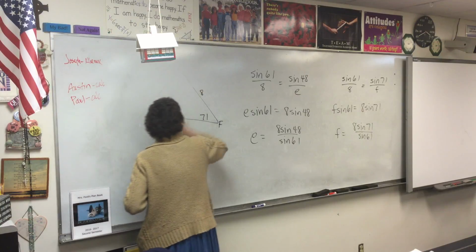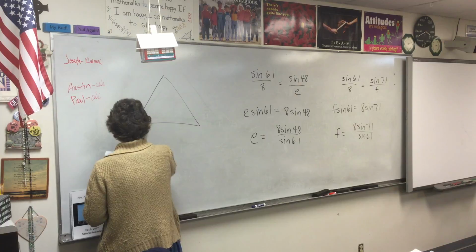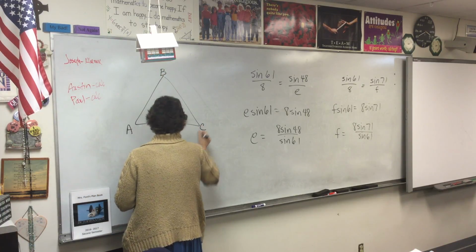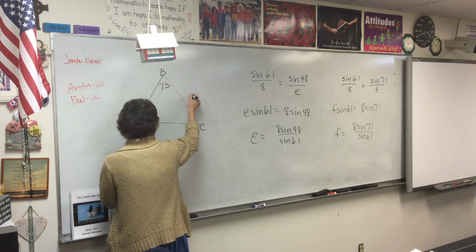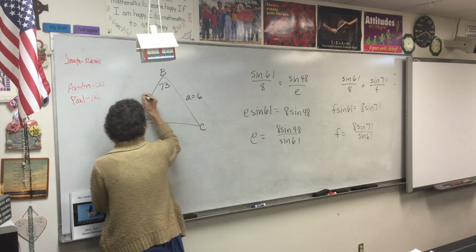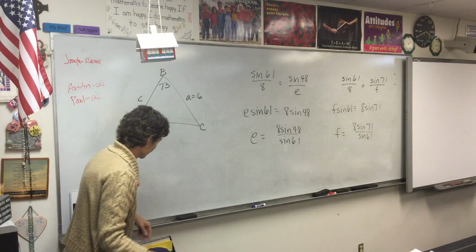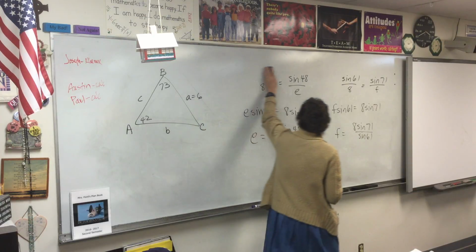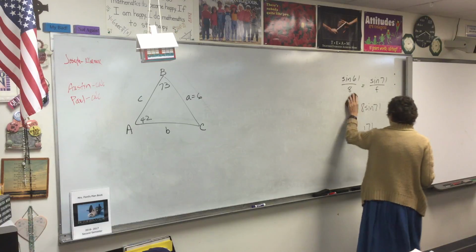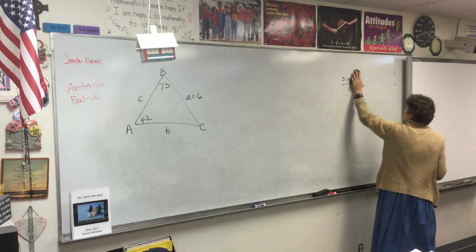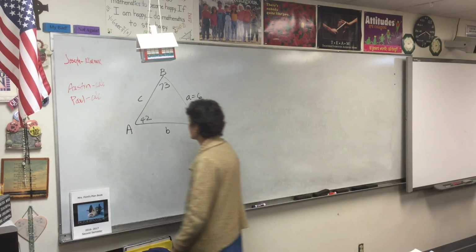So now the next one, we're going to draw our own picture. And take a look at that and see what you think. Now, where you put your A, B, and C does not matter.